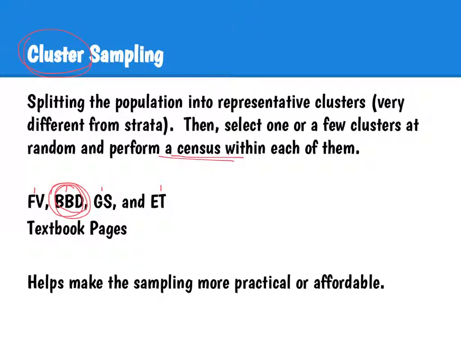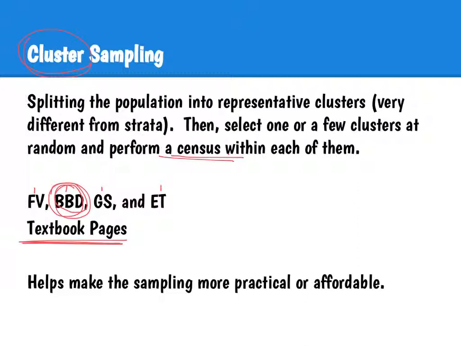If there was more than 4, I could potentially randomly pick 5 of the clusters and sample everyone in the cluster. If I looked at a page in a book and I just randomly pick one page and then sample just that one page, that page is a cluster.